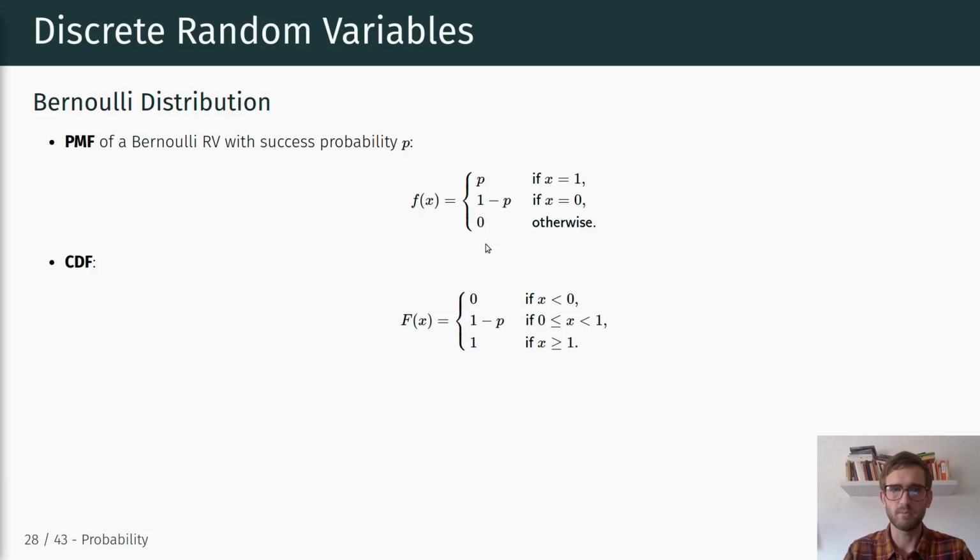And of course, the probability of x, which is 0 or 1, being smaller than 0, is 0. The probability of x being between 0 and 1 is 1 minus p. And of course, the probability of x being larger or equal to 1 is 1. So that's the cumulative distribution function for our Bernoulli random variable.